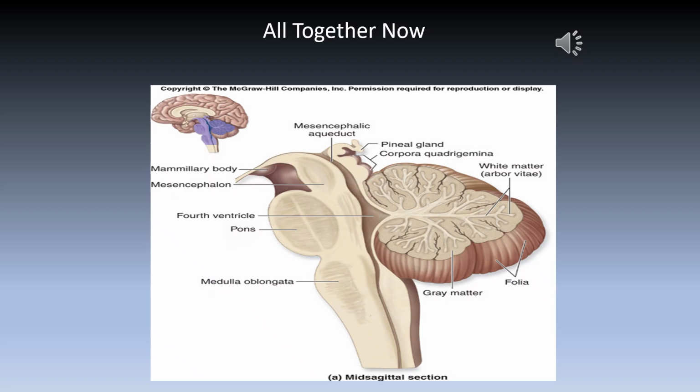That is one of its chief functions, but the cerebellum is also involved in things like timekeeping. If a person has a cerebellar lesion, they would not be able to play the drums or play music. They are unable to keep time. Timekeeping is a cerebellar function.